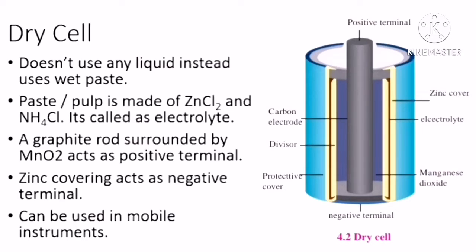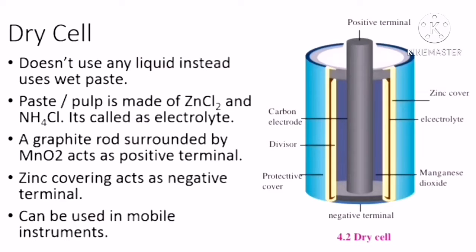MnO2 is manganese dioxide, and this graphite rod acts as a positive terminal. See this picture, in the middle is the rod, that is the positive terminal.